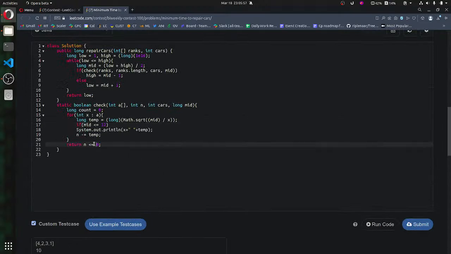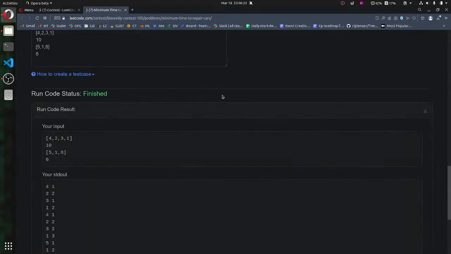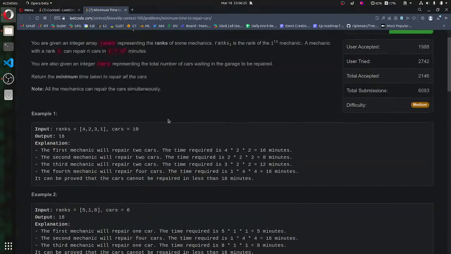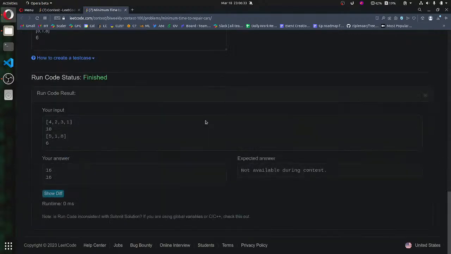So the answer is n must be less than equal to 0. Some problem is there. Okay, and the answer is 16, 16. Yeah, that is the required one. We were just missing the simple variable.